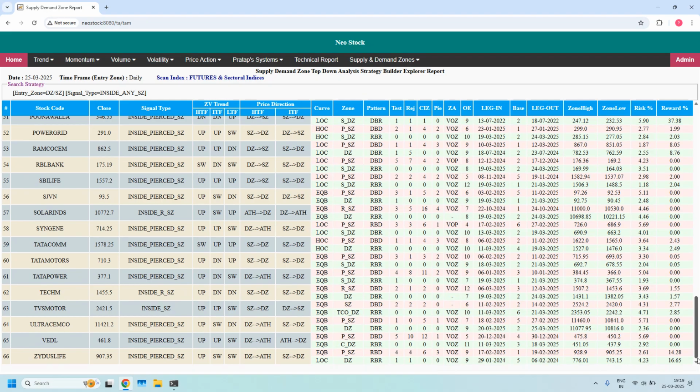Total 66 stocks are filtered. We can further filter this list based on daily supply zones having daily EMA confluence. Let's filter.